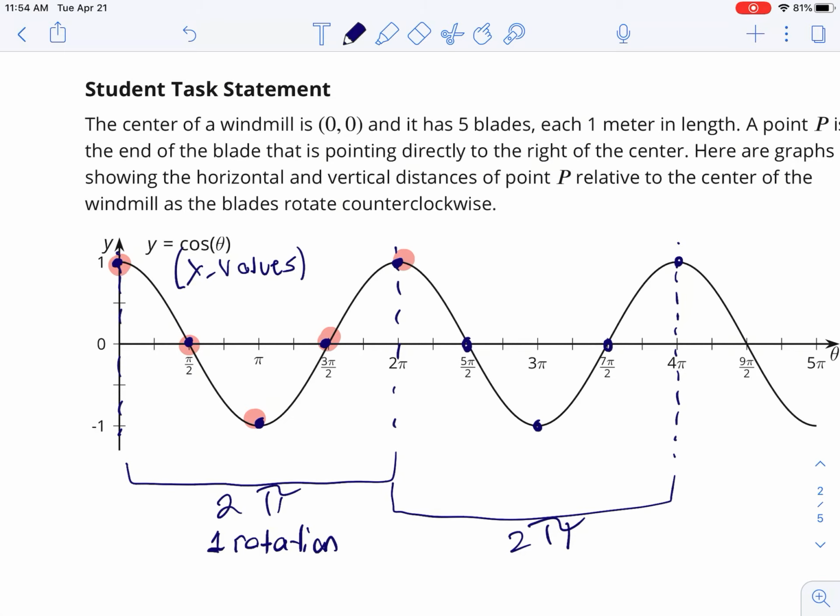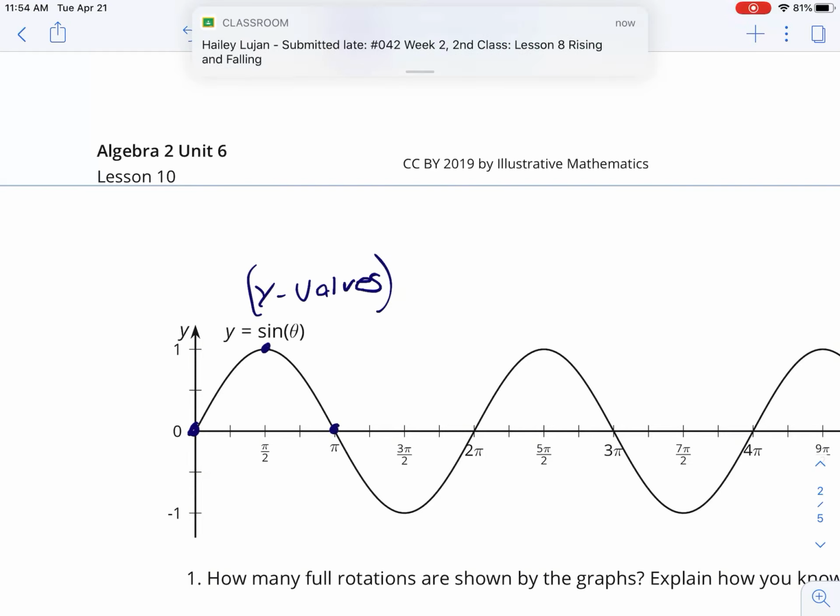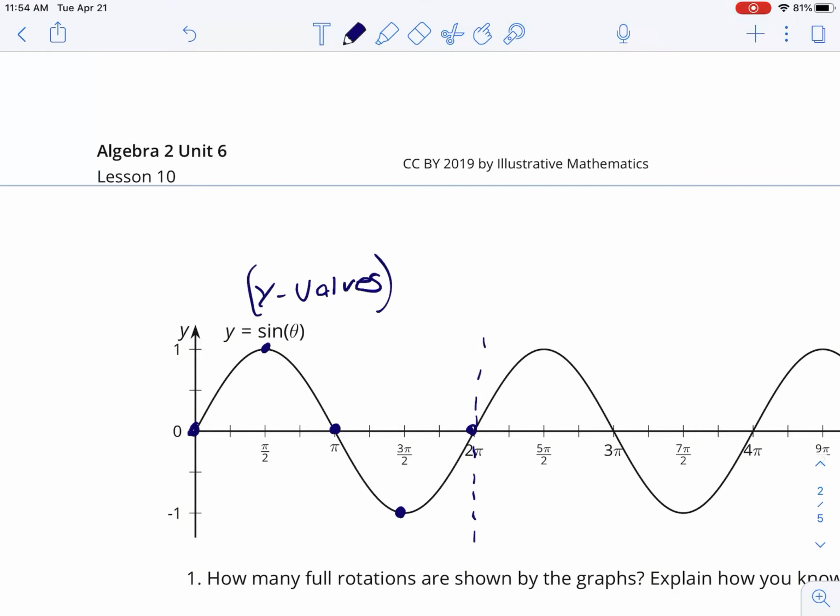This next one's going to be referring to your y values. Now we're going to be looking at our sine. So these are your y values. Okay, we start at 0, then go to 1, then go to 0, then go to -1, then go to 0. We once again did a full rotation between 0 and 2 pi. This is 1 rotation.